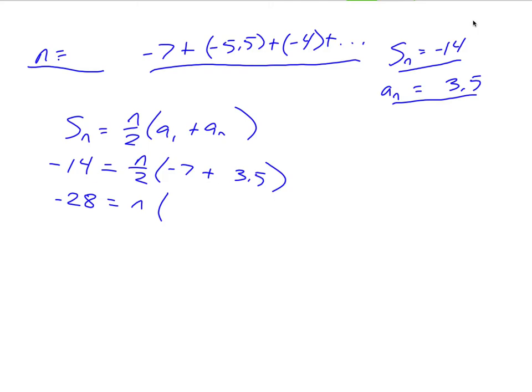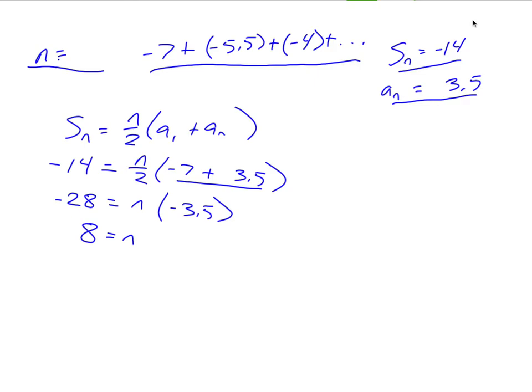There we go. So when I put these two together, I get negative 3.5 there. And the only thing left, divide, and we end up with n equaling 8.